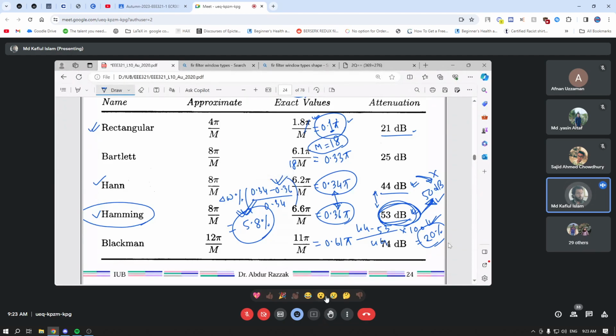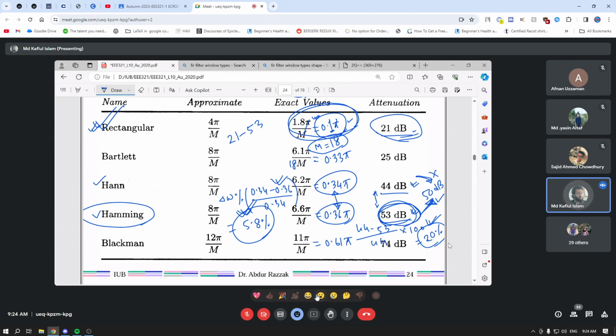Similarly, if you think about these two with respect to this 0.1, if you say that I have to take 0.1 now, then how much? If you take rectangular, obviously you are 100% matching your delta omega requirement, right? Transition bandwidth requirement. But how about the attenuation requirement? What is the percentage you lose? So it is 21 by 53, right?